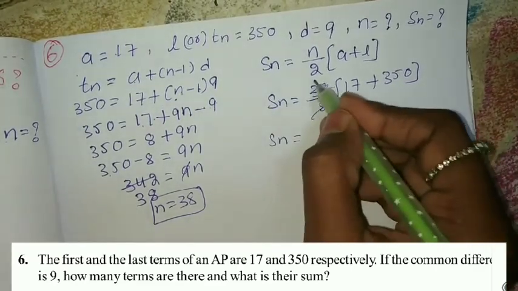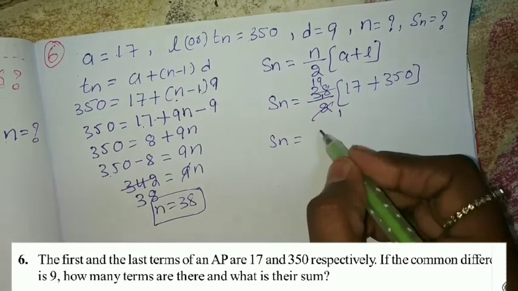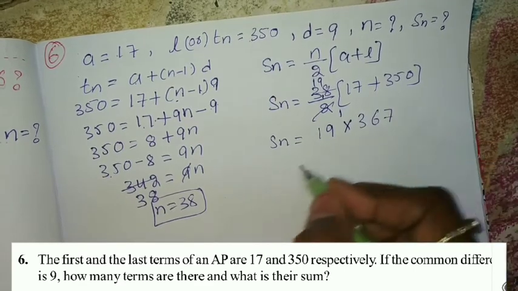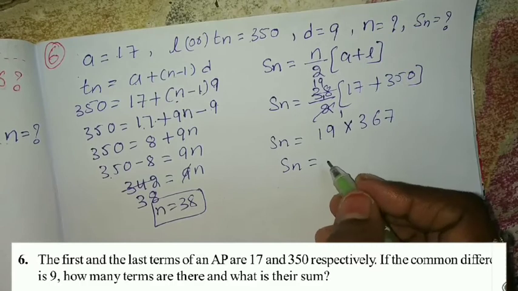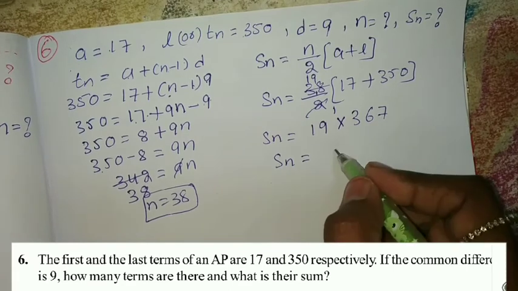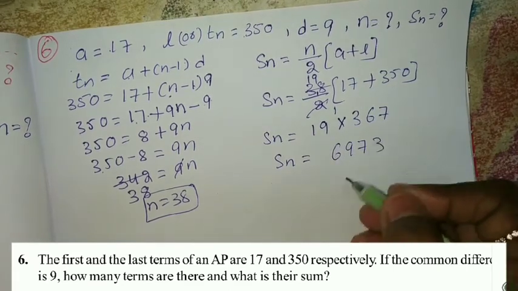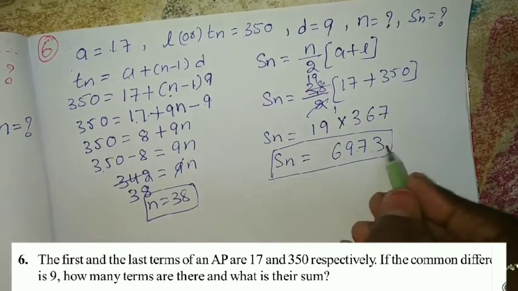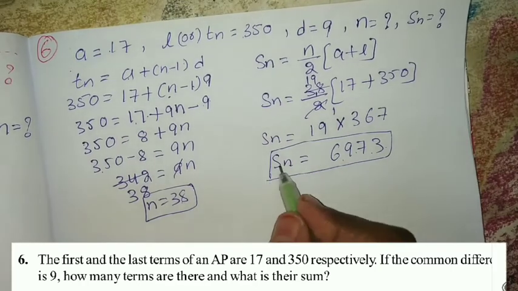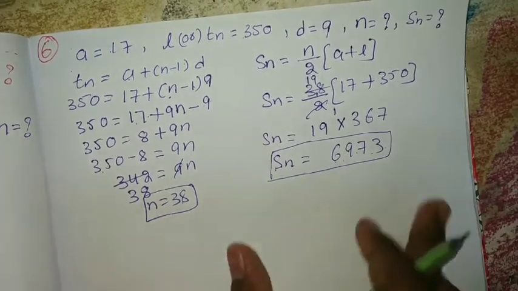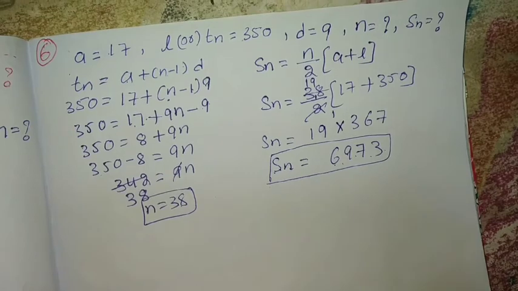So cancel 2 ones, remaining 19, into 17 plus 350, we will get 367. Multiply this and you will get 6973. So Sn is equal to 6973, where n is 38. That means the sum of 38 terms is 6973. You can write the conclusion below here. Pause the video to note it down.